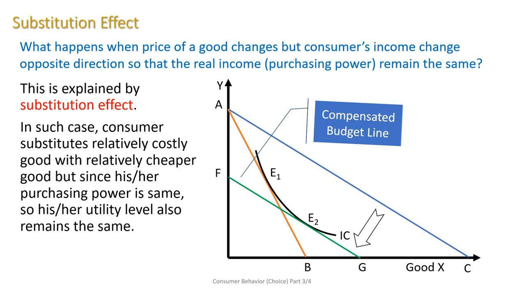According to them, the shifting should be so much that the new budget line should pass through the old chosen bundle, that is, the new budget line should pass through E1. However, we shall stick to what J.R. Hicks suggested.